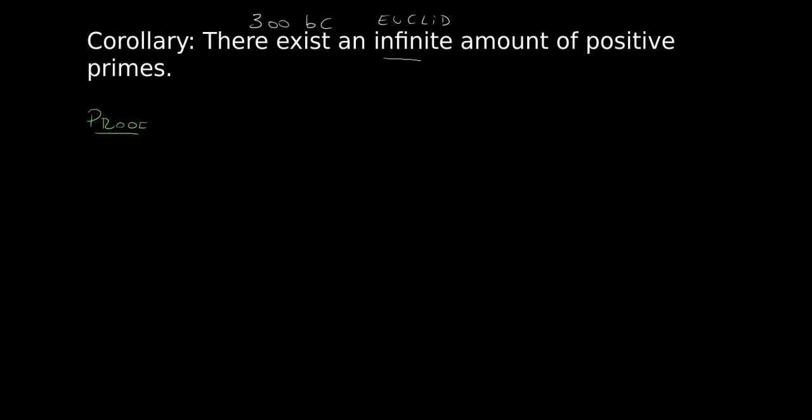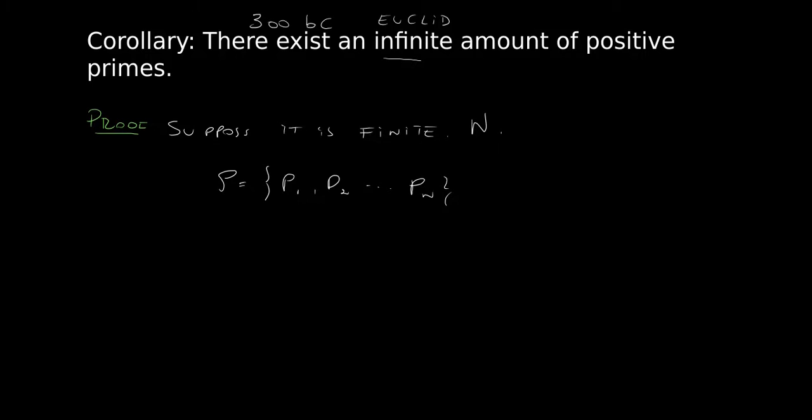All we have to do is suppose we have a finite amount of positive primes. And let's say this number is n. Then the set of all primes is going to be p, and we're going to denote each prime as p sub 1, p sub 2, and so on until we reach the last one, which is p sub n.